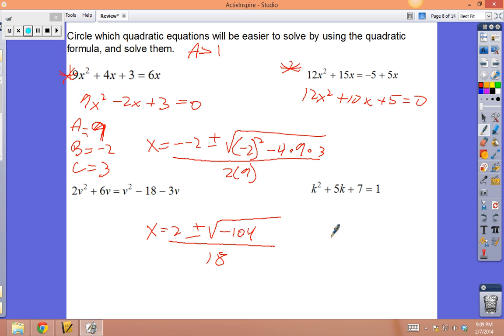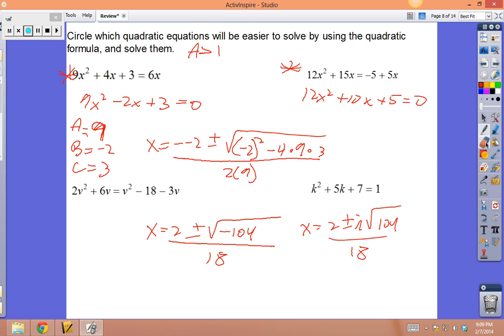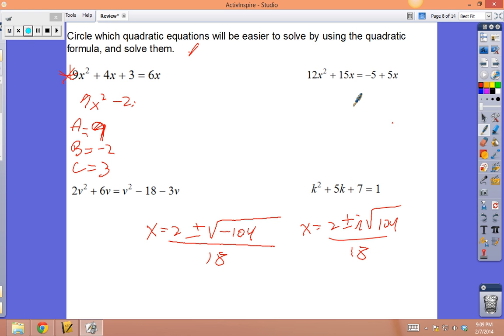And I'm going to express this as x equals 2 plus or minus an imaginary times the square root of 104, all over 18. I know 104 is not a perfect square, but let's factor out what squares we can. So 104, I'm going to erase some more stuff. Okay, 104.